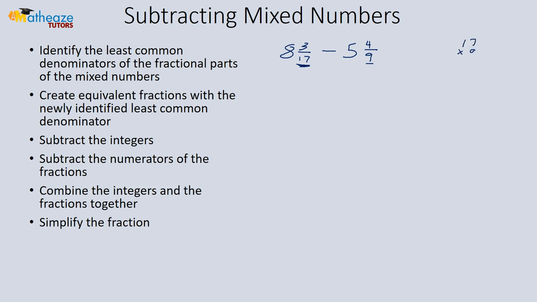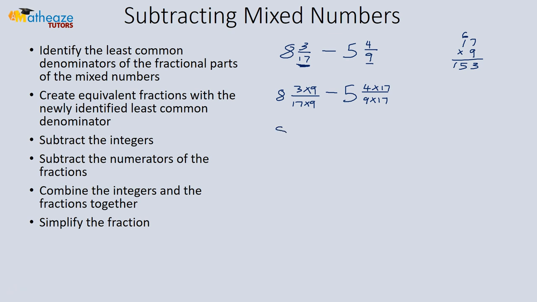It should give you 17 times 9, which is 153. So what we're going to do is multiply 17 by 9 on this side and then 9 by 17 on this side. So what we have here is 17 times 9, 3 times 9, minus 5, 9 times 17, 4 times 17.